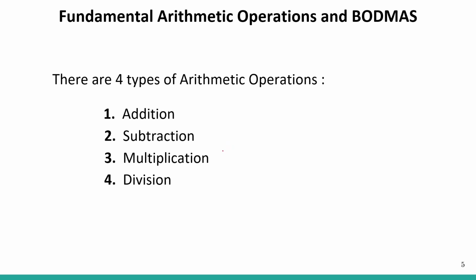There are basically four types of arithmetic operations. The first kind is addition, that is 3 plus 2, or x plus y if they are unknowns. The second type is subtraction: 3 minus 2, or x minus y when these are unknowns, and this is basically an example involving constants.